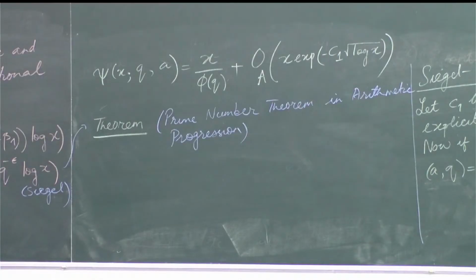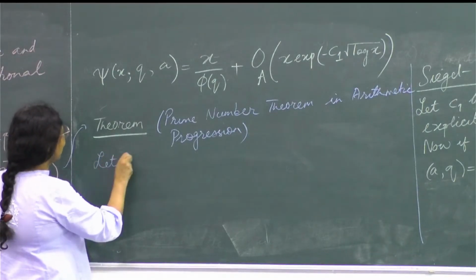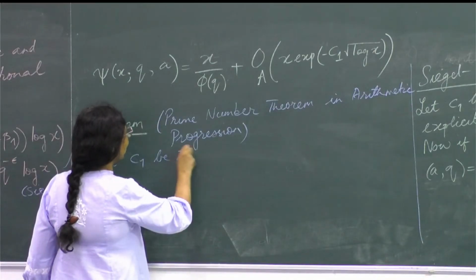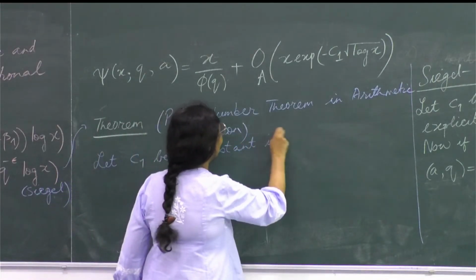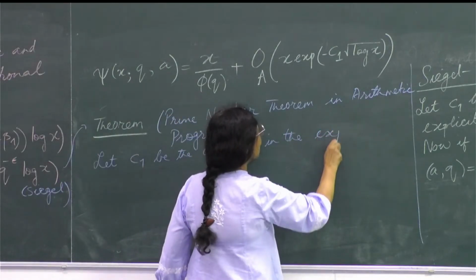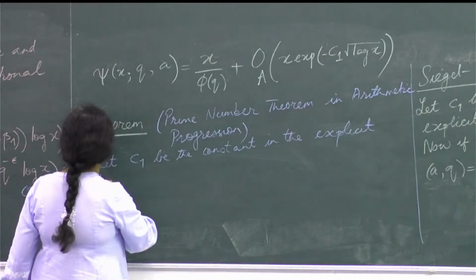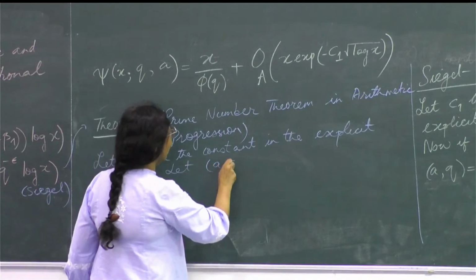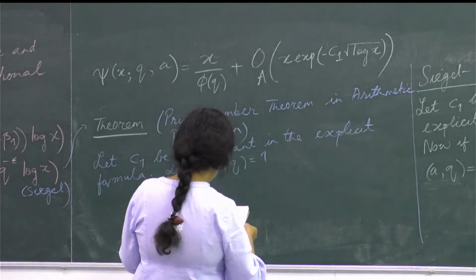So again, we will have the same conditions. I'll write it out nicely. Again, I will take C1 to be the constant in the explicit formula, and I will take a and q to be coprime to make my definitions.